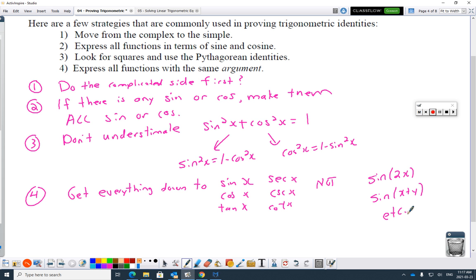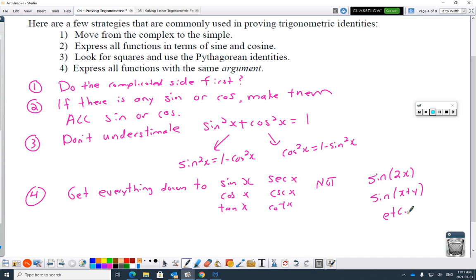This is what they mean by getting the same argument. See, these ones are all sine x, cos x, tan x, secant x, cosecant x, cotan x. And in previous homework, actually, in the addition formulas, it was always about getting it down so that the angle inside, called the argument, was just x.